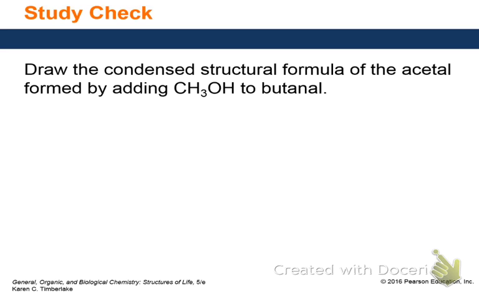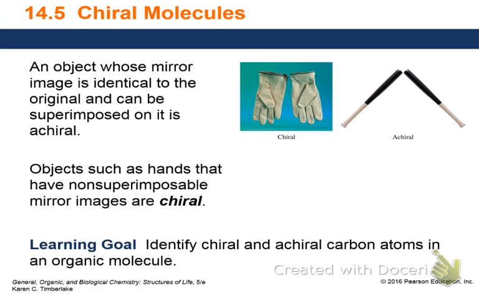Ooh, is that the end of that slide series already? Okay. Last but not least. To get to that hemiacetal, all you did was add the CH3OH in there and make the C double bond O into COH, yeah.